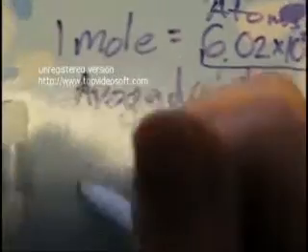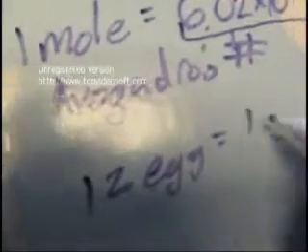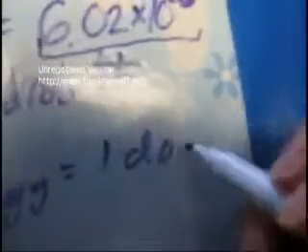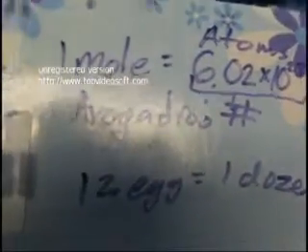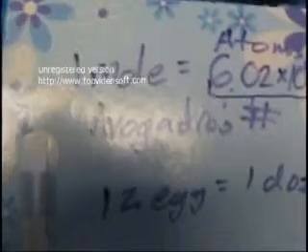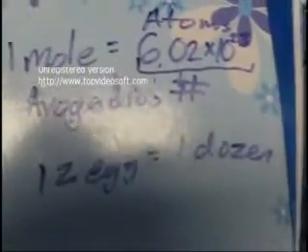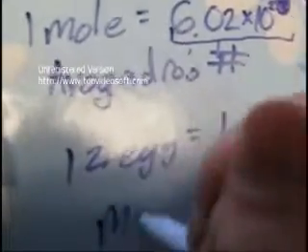We know that there are 12 eggs in 1 dozen because we can count them. We cannot count atoms, and we cannot count electrons. We cannot do that. It's way too complicated. So our little shortcut is mass.